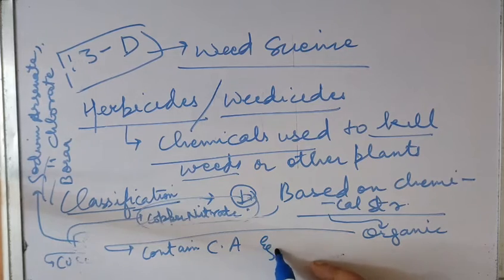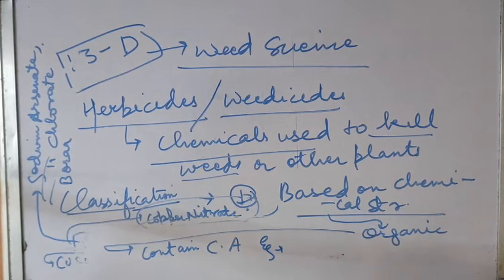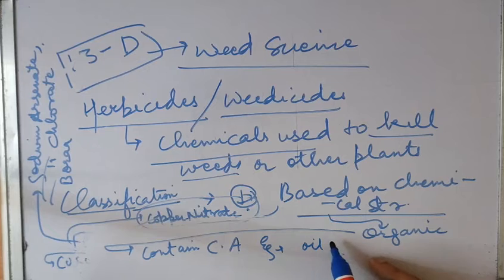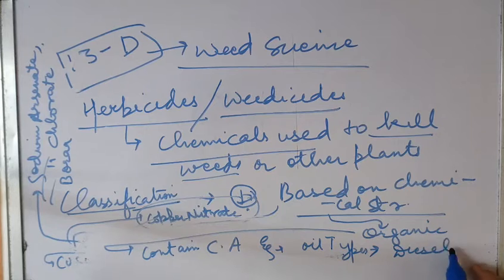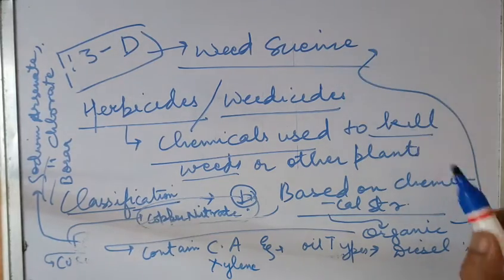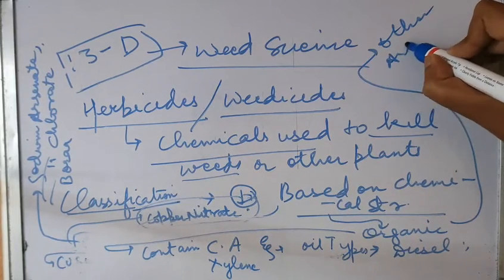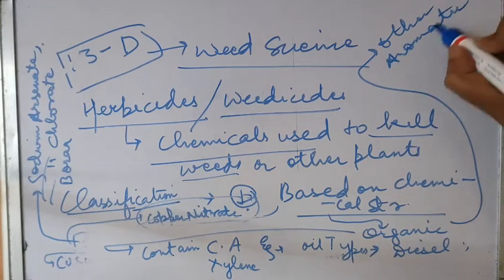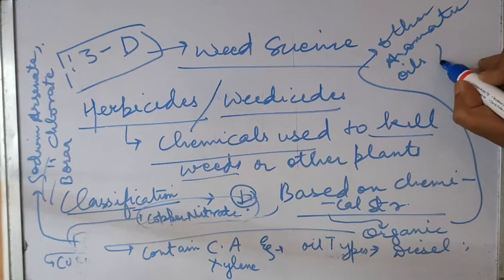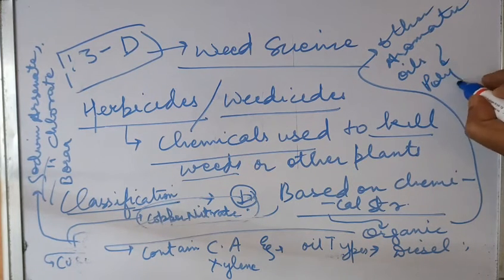Examples of organic herbicides are diesel, xylene, and other aromatic oils such as polycyclic aromatic oils.